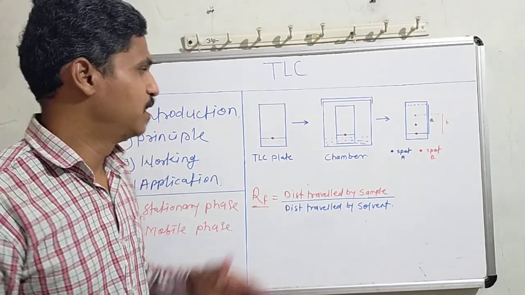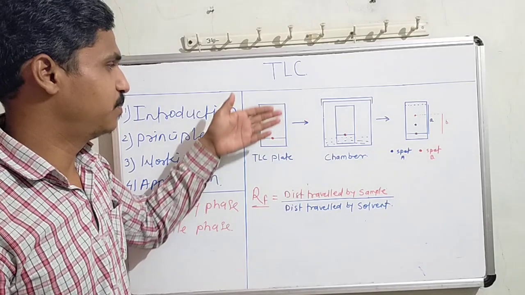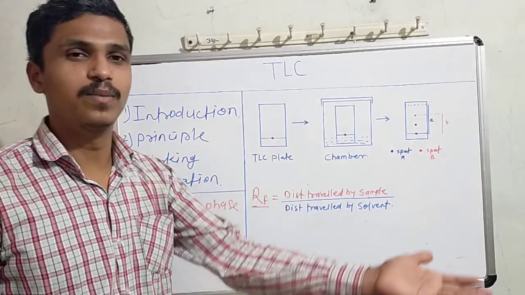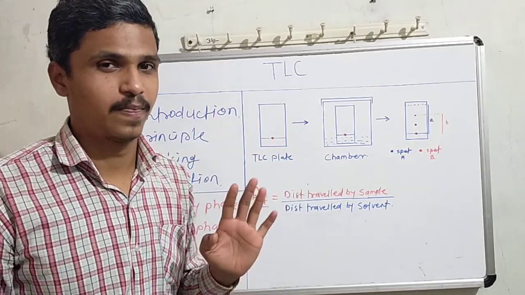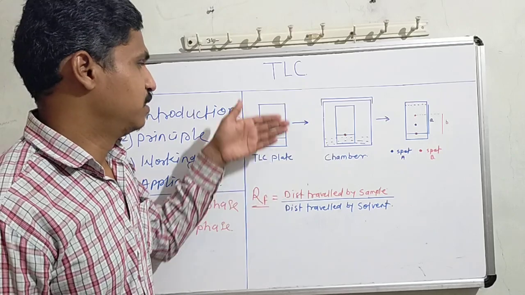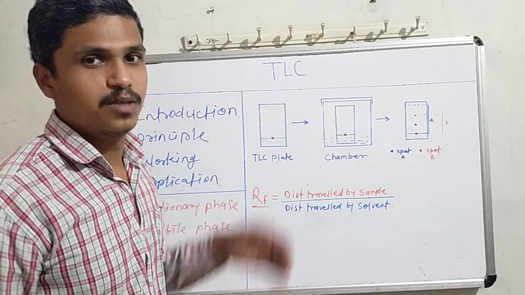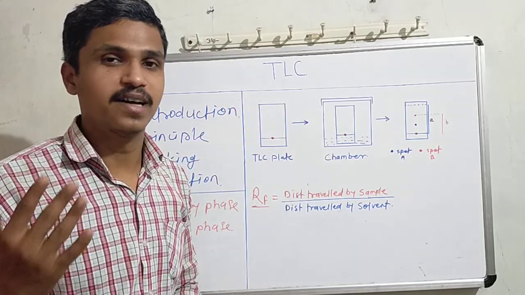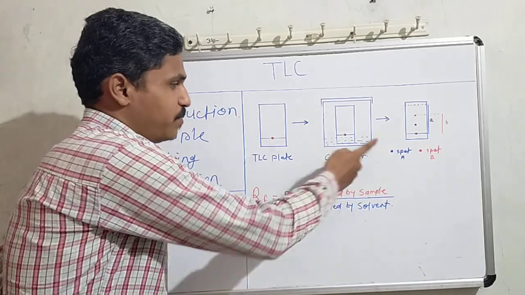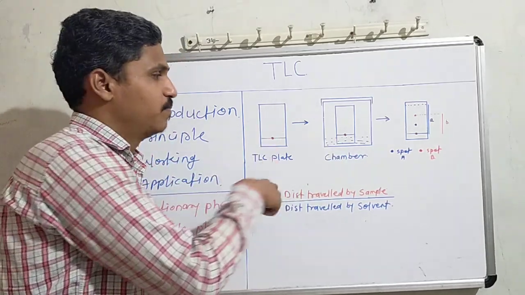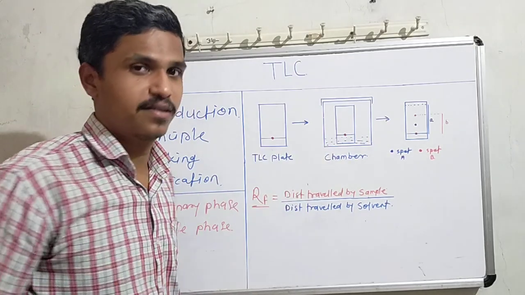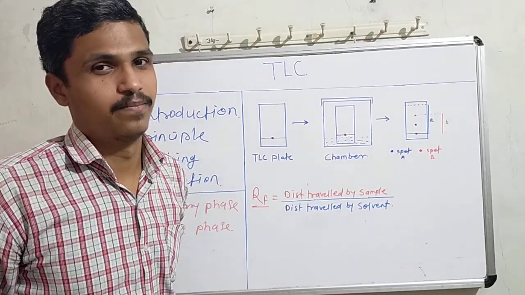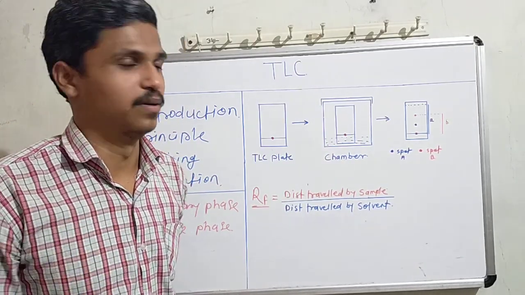So if the stationary phase is highly polar, then the mobile phase should be non-polar. The TLC plate is polar just because of the silica gel, because silica gel is highly polar, and when we take the silica gel as polar and the solvent used as the mobile phase is non-polar, the separation is possible.